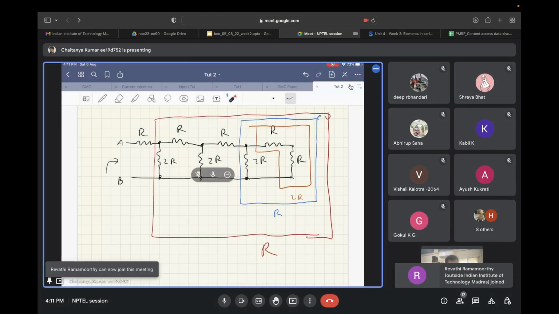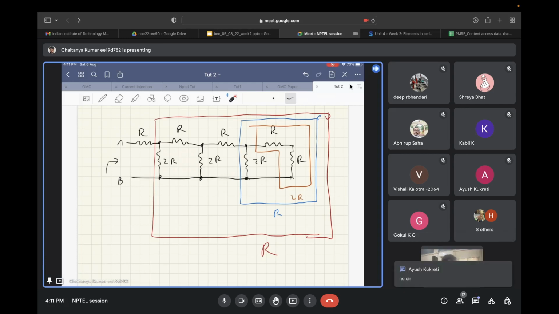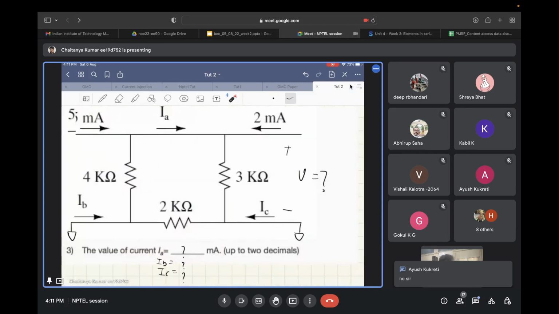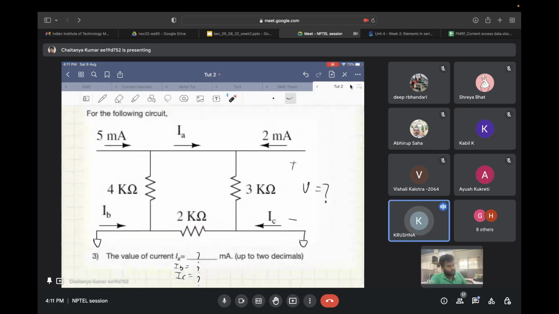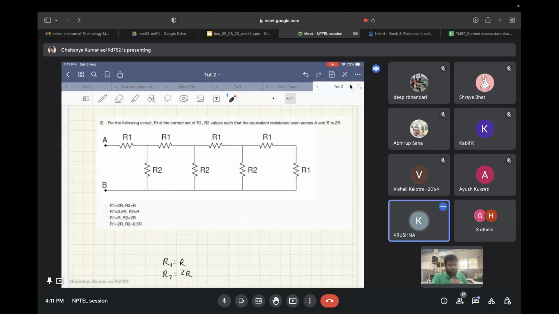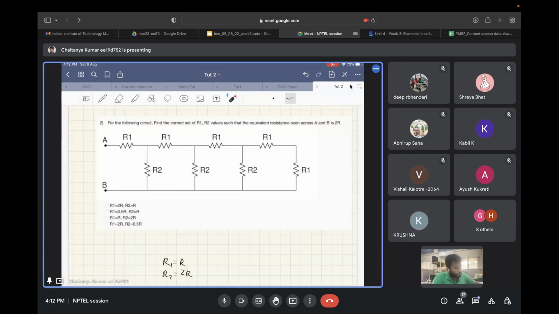Any doubt in this? Okay, if there is no doubt, we can move forward. Now, I have worked it backwards.